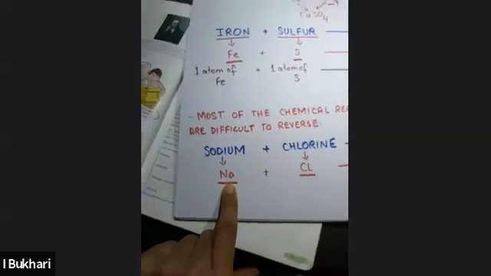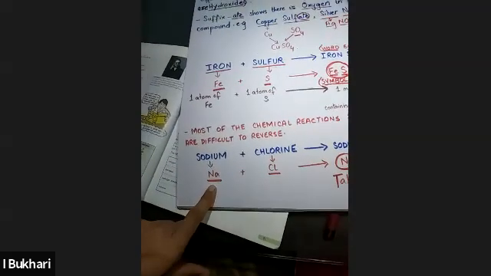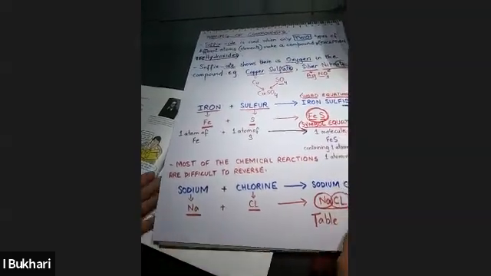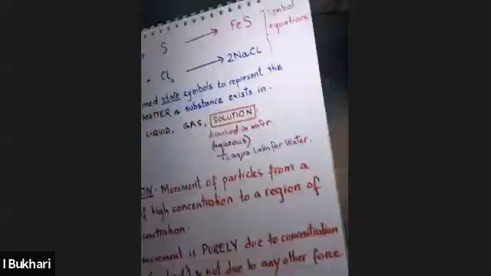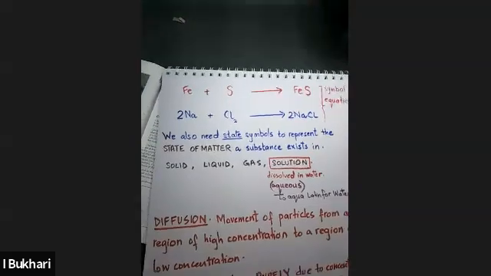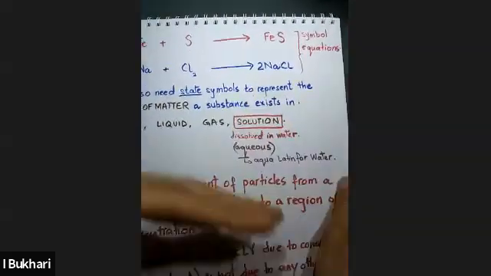Metals we can write as they are, because they form a giant lattice, right? Cations embedded in the sea of electrons. So it's okay to write sodium this way.